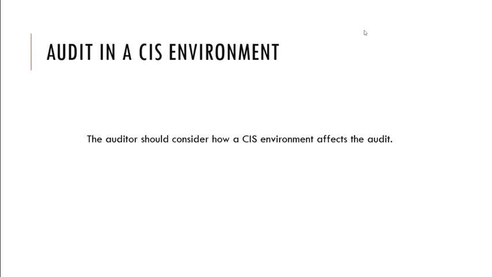So as auditors, we should consider how a CIS environment affects the scope of our audit. The overall objective and scope of an audit does not change in a CIS environment.